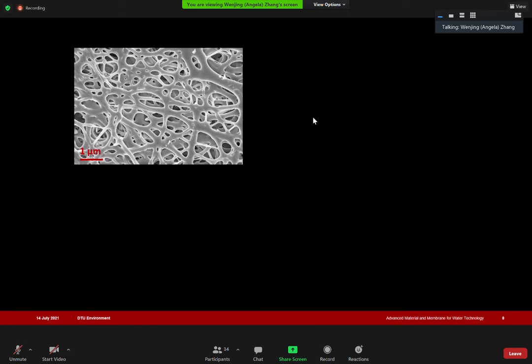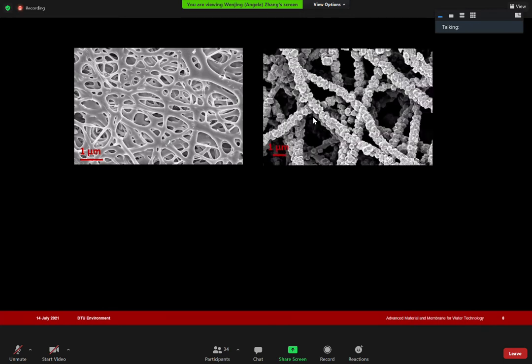It's a polyphenylsulfone nanofiber membrane. With post-treatment technologies, we can create these interconnected 3-dimensional nanoporous membranes, and they're very strong, so it's super good for the support of forward osmosis membranes.